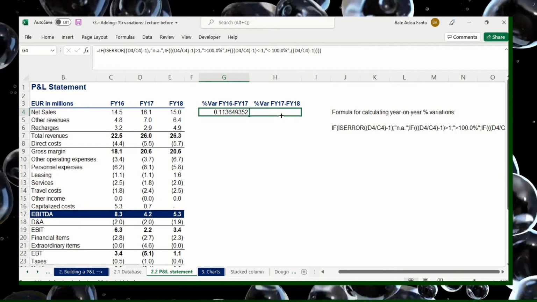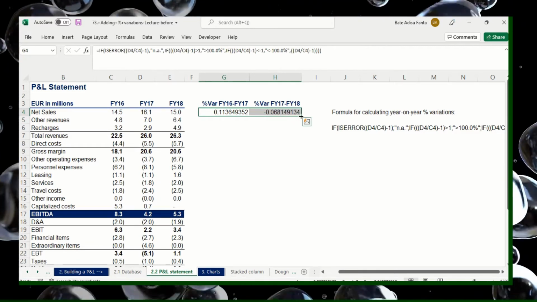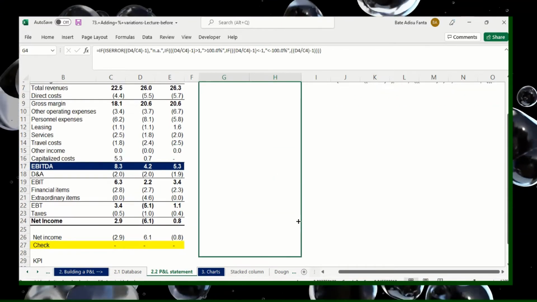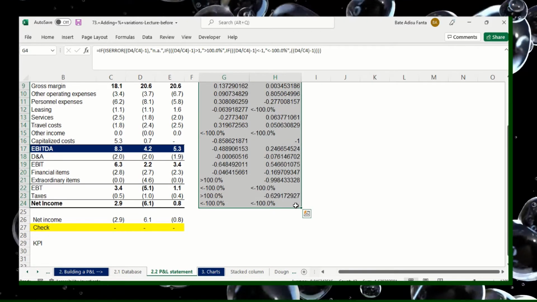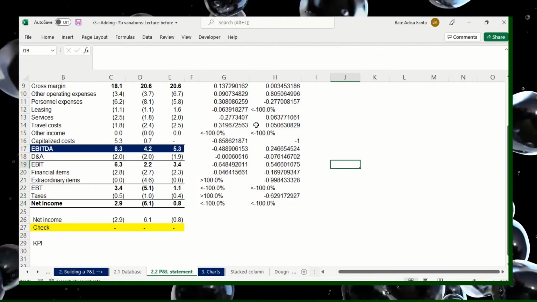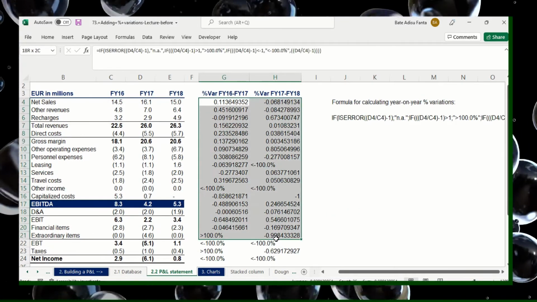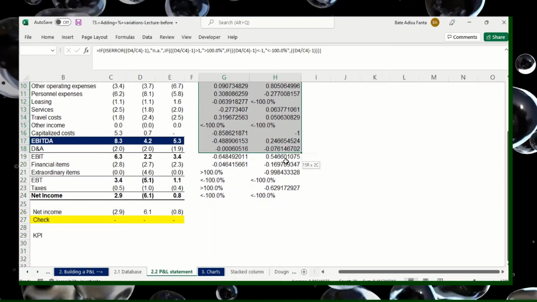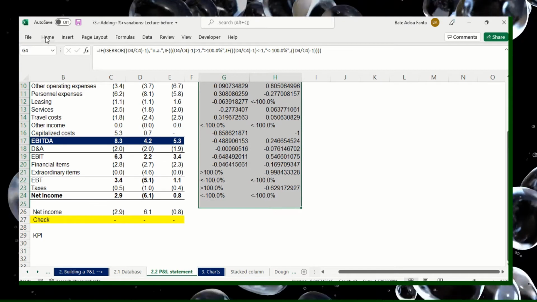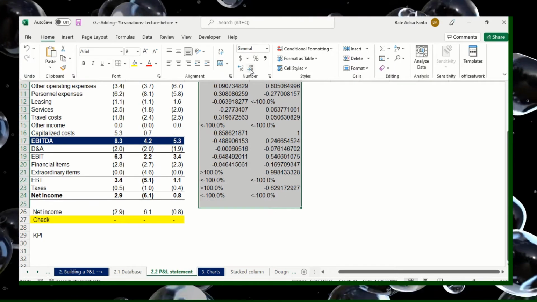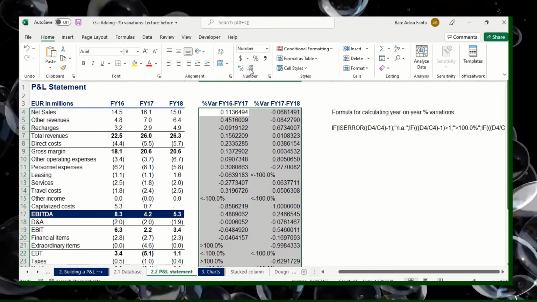Yeah, and then I copy and paste this formula to the right and also down to other cells. Here we go. We may need to round this because it's too much for us to read. So let's round to the second decimal digit.